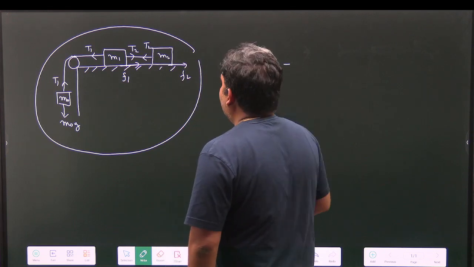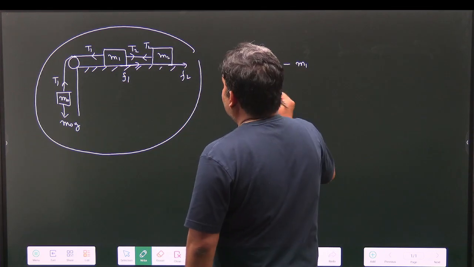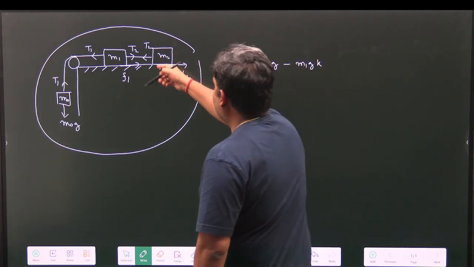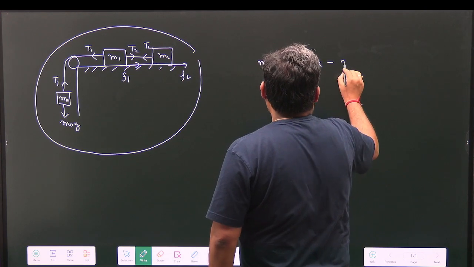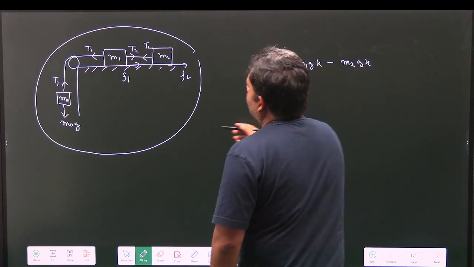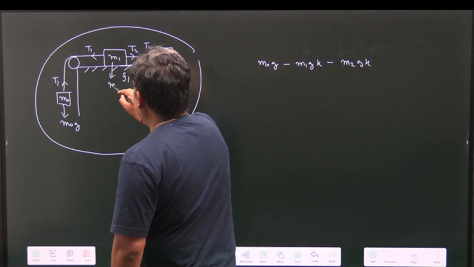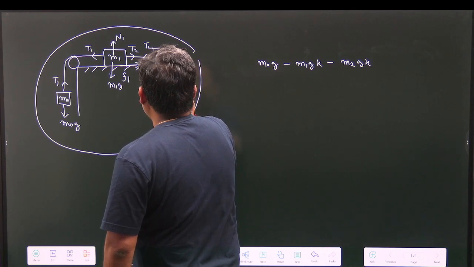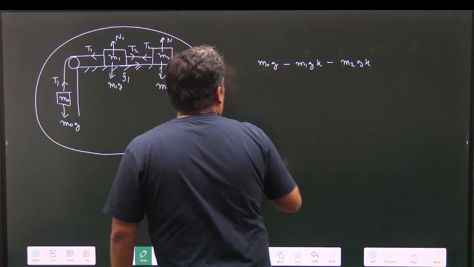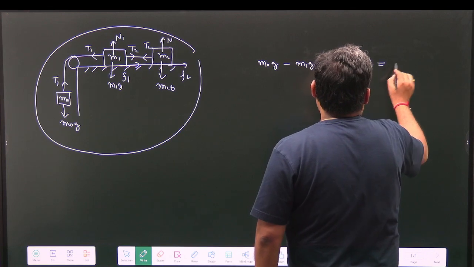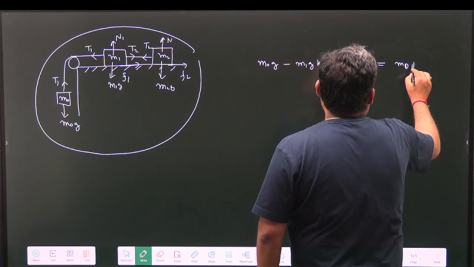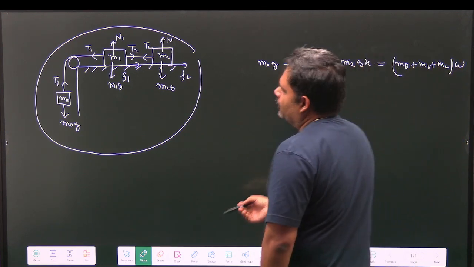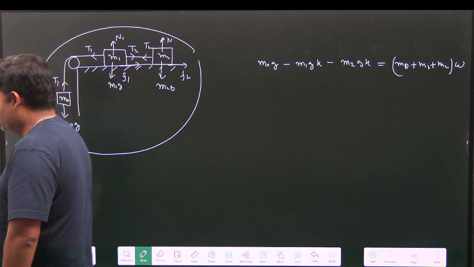So we have minus m1 g k and again for this one we have minus m2 g k, because the normal will be m1 g and this will be normal N1, this will be mass m2 g, this will be normal. So this value is equal to m0 plus m1 plus m2 into w. w is the acceleration with which this is going to go downward.